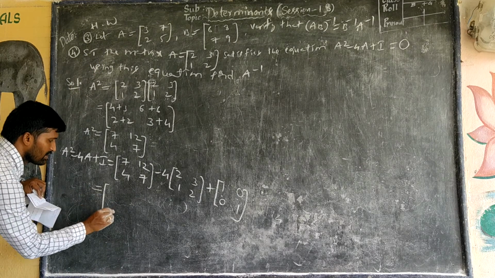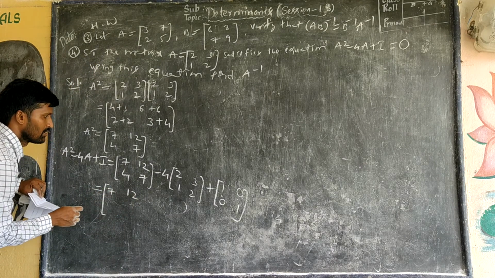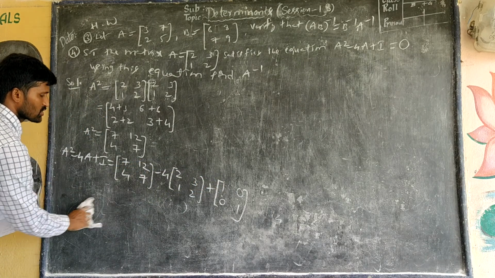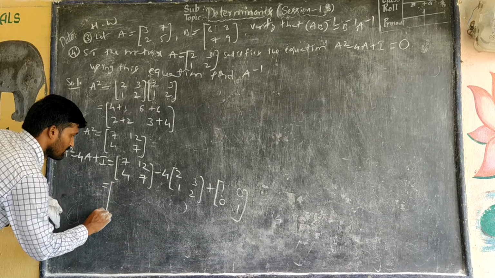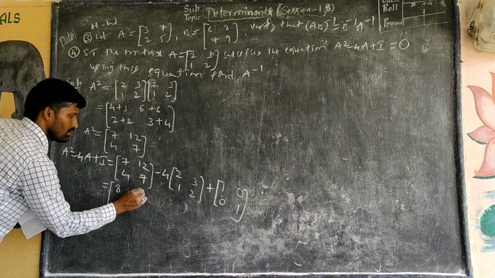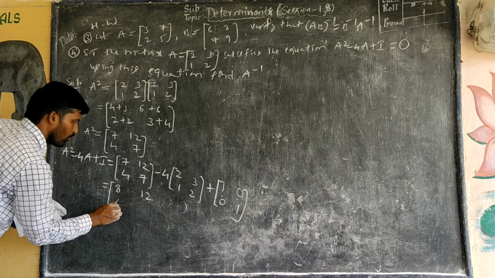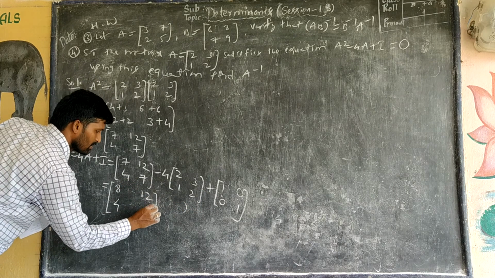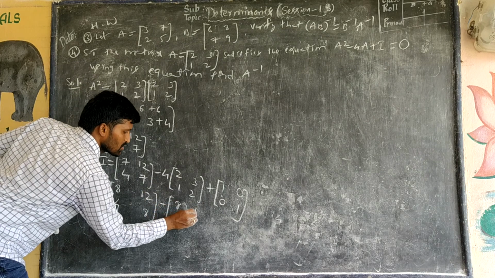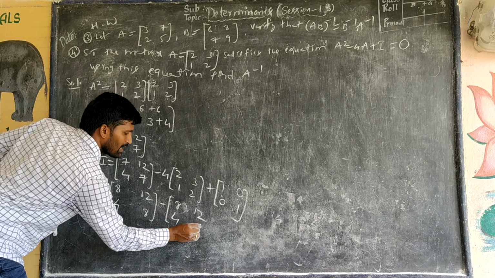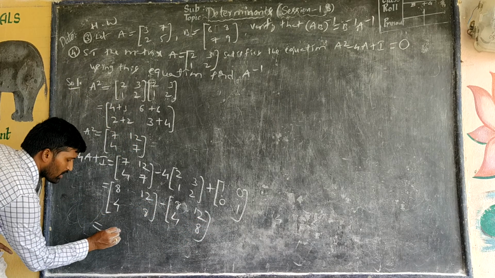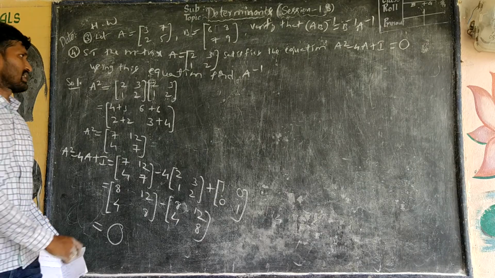You can add these two matrices easily: 7 plus 1, 8. 12 plus 0, 12. 4 plus 0, 4. 7 plus 1, 8. Here minus 4 multiplied inside gives 8, 12, 4, 8. Both are the same matrix, but the difference is there. What matrix will we get? The null matrix.